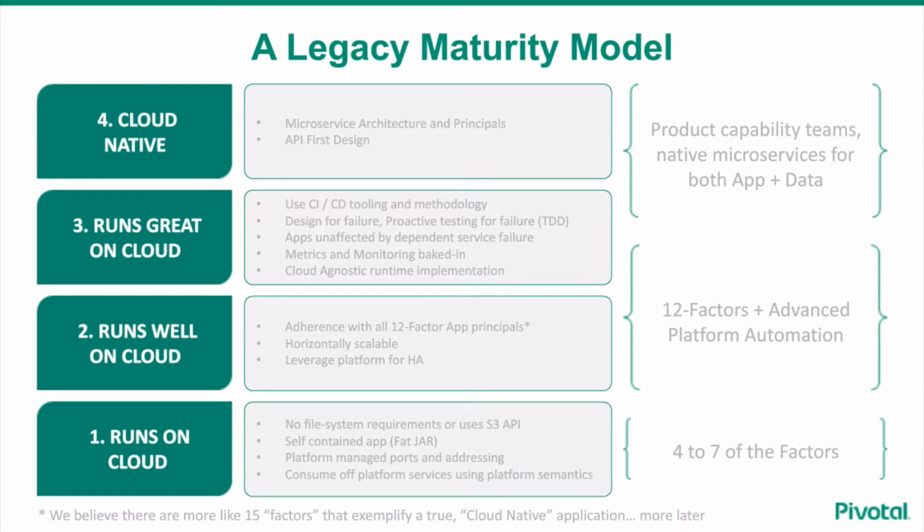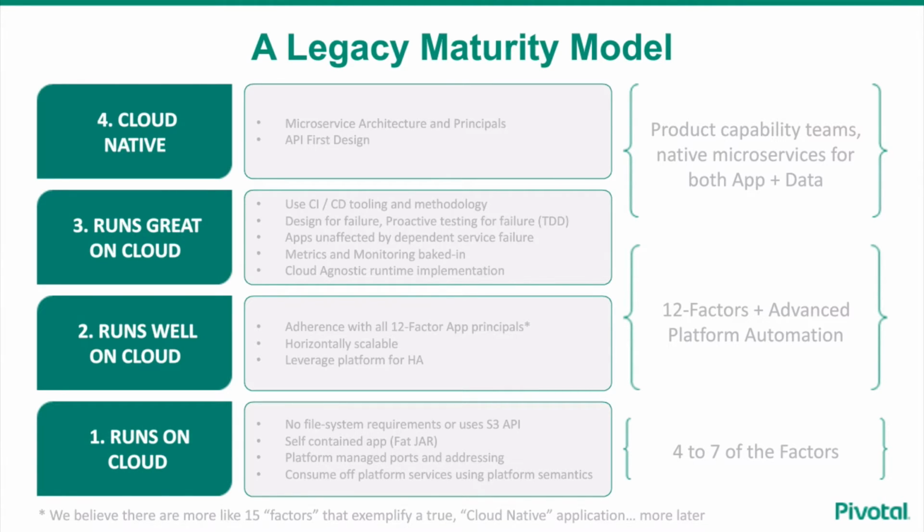You're really looking at, because you're in a virtualized or containerized environment, roughly 4 to 7 of the 12 factors just to get it to run, depending on what your app has been coded to use, right? So make sure there's no local file system access because you're in a containerized or virtualized environment. Replace that with S3 or something like that.